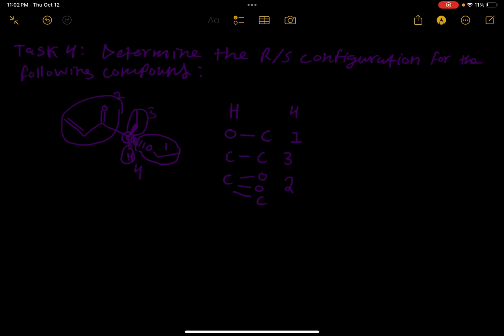But we still have to rotate the bonds because the lowest priority has to be at the back and the highest priority has to be facing us.